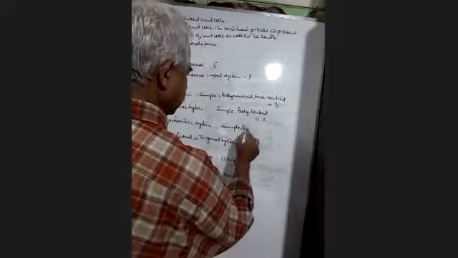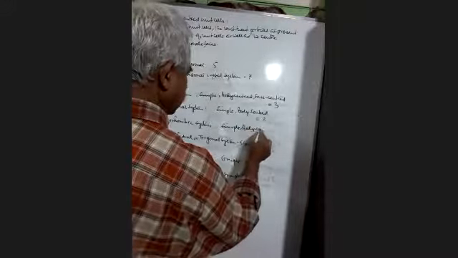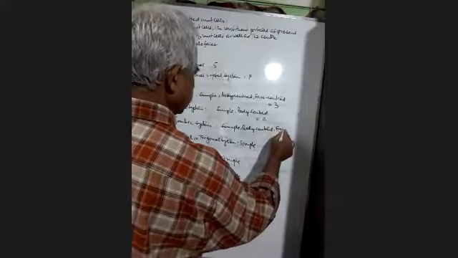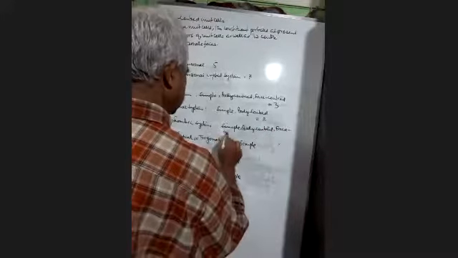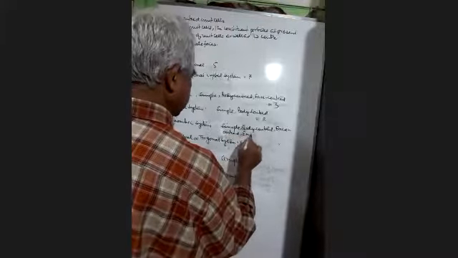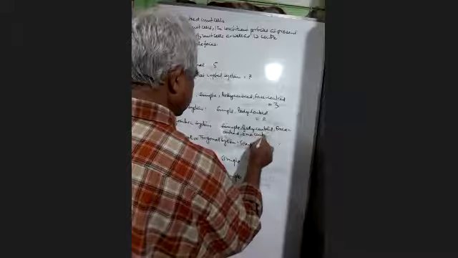Okay. Then body centered, face centered, and end centered. Total how many? 4.